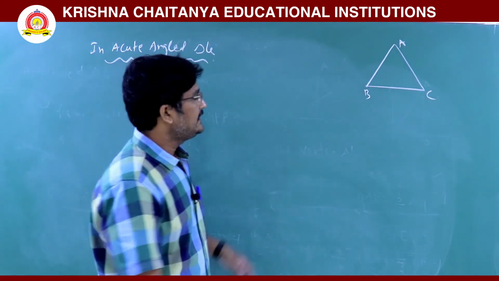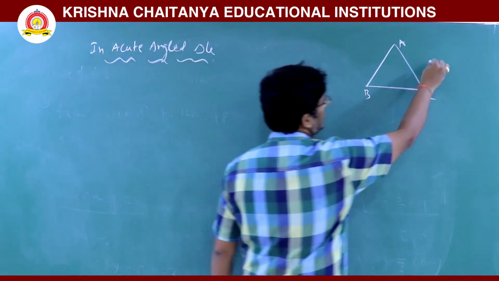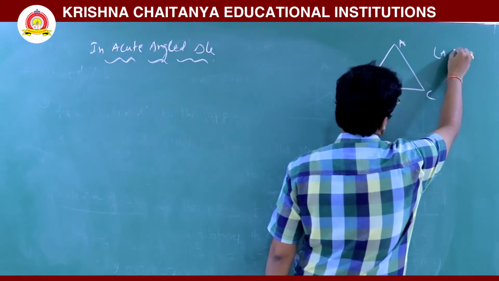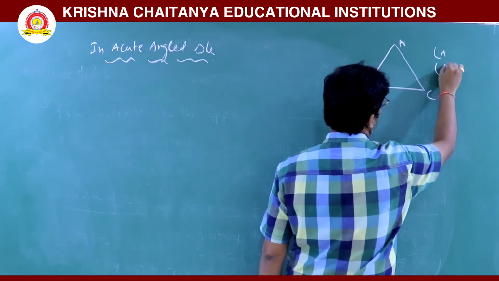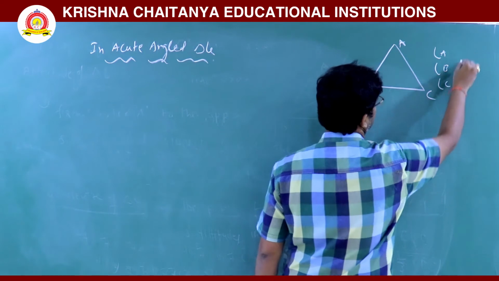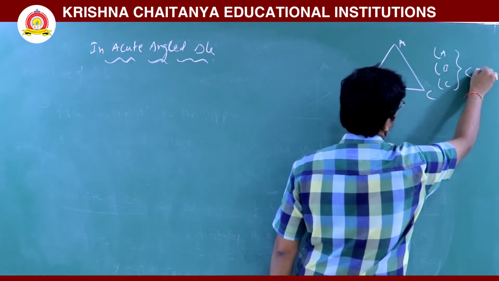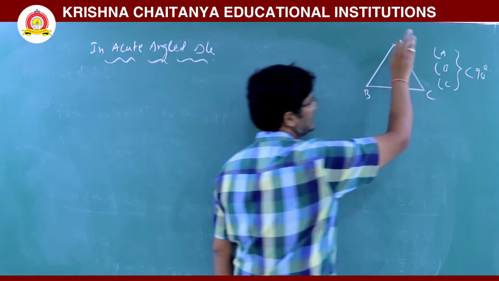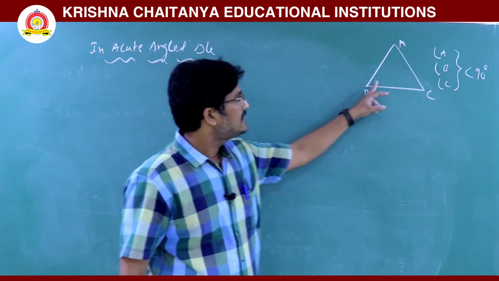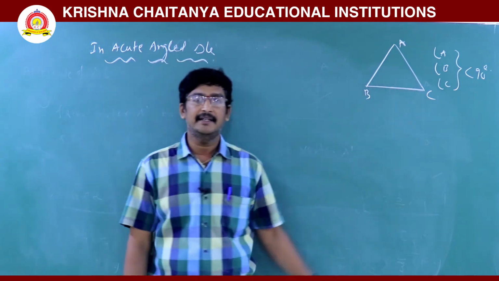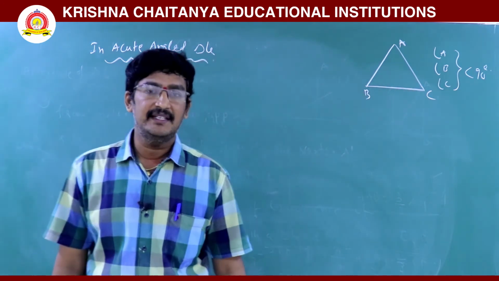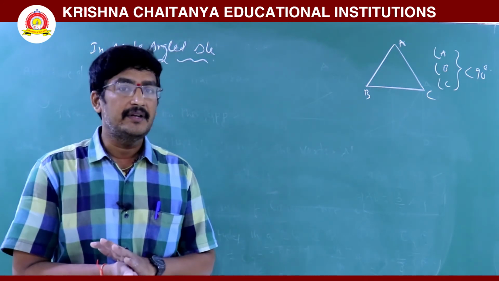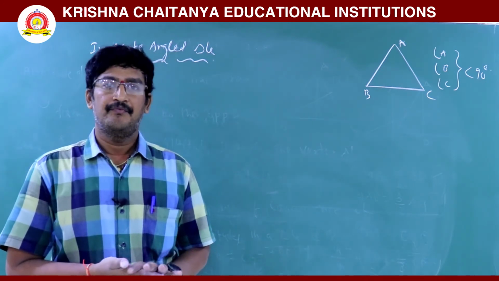If angle A is less than 90 degrees, angle B is less than 90 degrees, and angle C is less than 90 degrees in the triangle ABC, then the triangle ABC is called an acute angle triangle, you know.